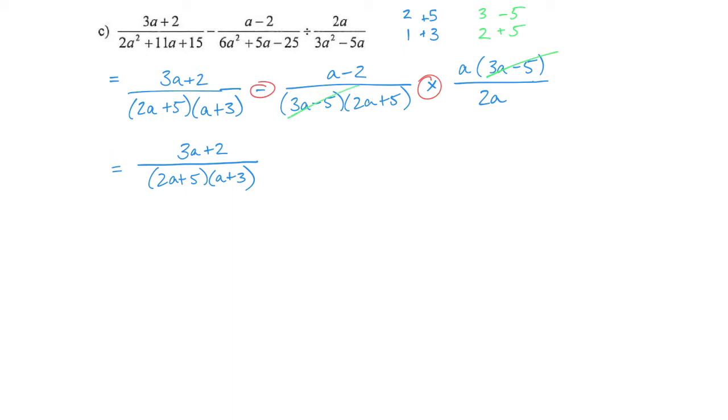Those will divide out. Well, I also notice within my last fraction, I have an a common factor that will divide out. Well, I don't have anything else in common in those last two, so I'm going to subtract an a minus 2 on top and a 2 times a 2a plus 5 on the bottom.